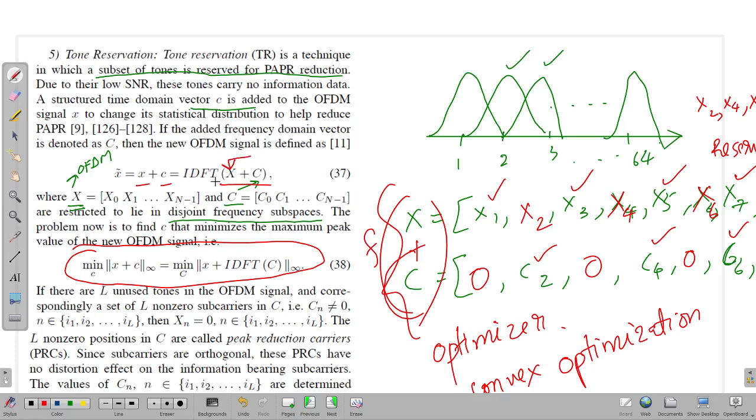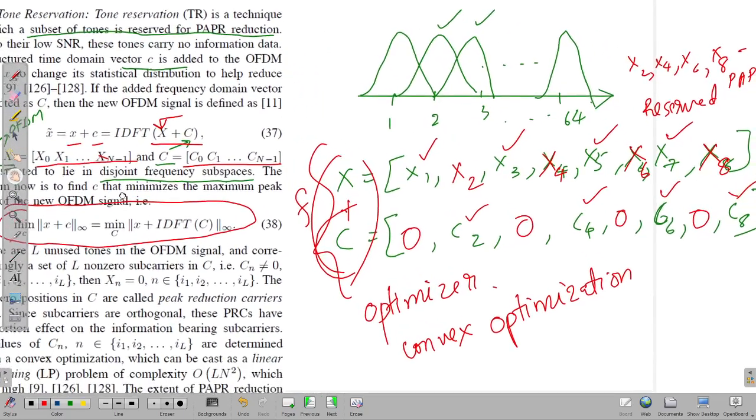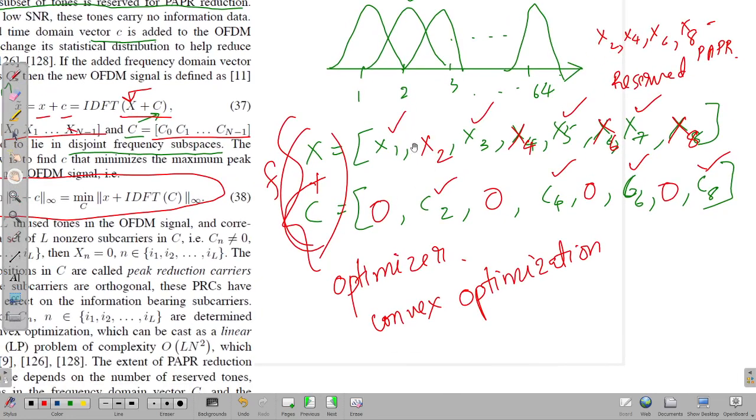Along with this OFDM symbol, we add another vector C, and this C has the same length as your original OFDM symbol, and you add X with C. We reserve certain subcarriers among this C in such a way that when you add X with C, the PAPR is reduced. This was the idea we discussed last time, and it can be effectively implemented using convex optimization.